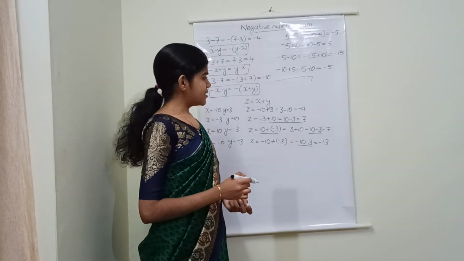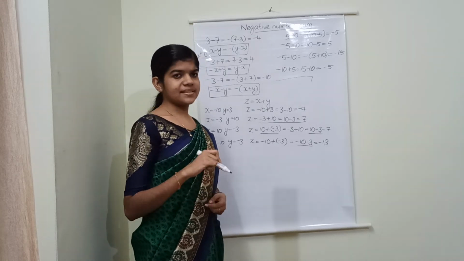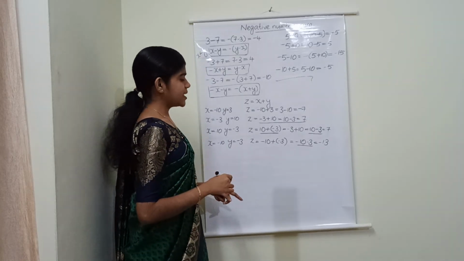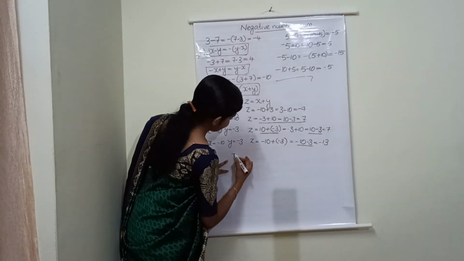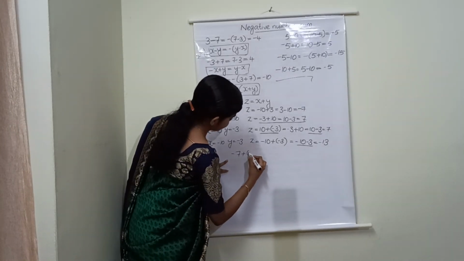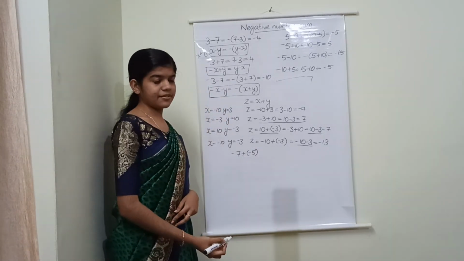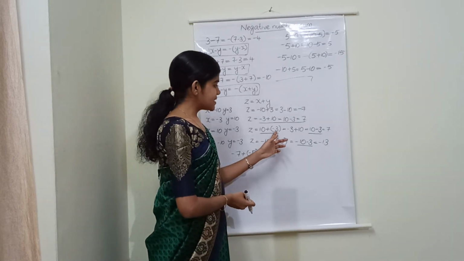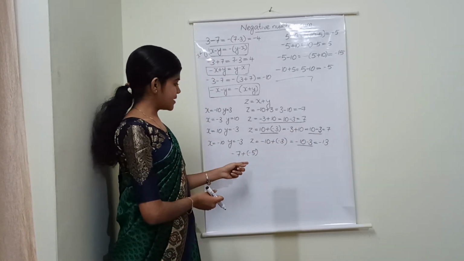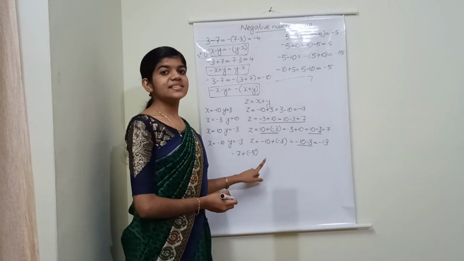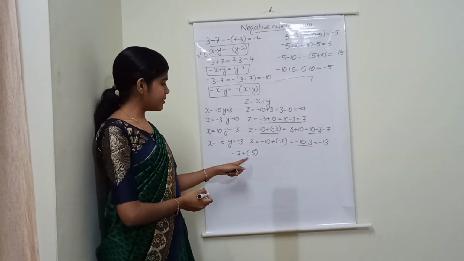Okay. Now we can discuss some examples. How can we compute minus 7 plus minus 5? Adding minus 3 became subtracting 3, here also adding minus 5 becomes subtracting 5. Then what will be the answer?